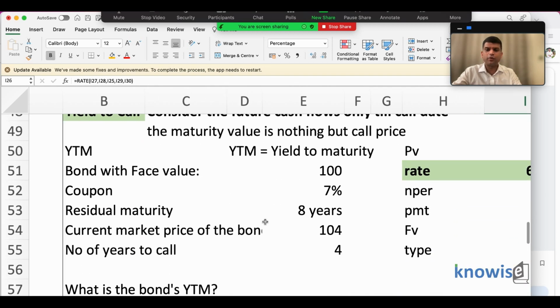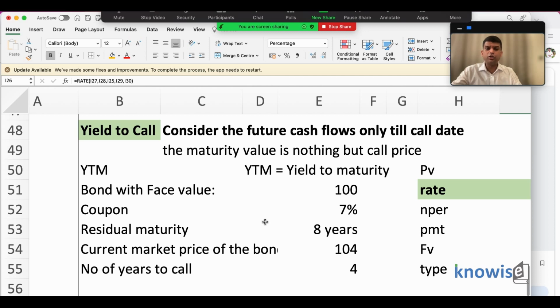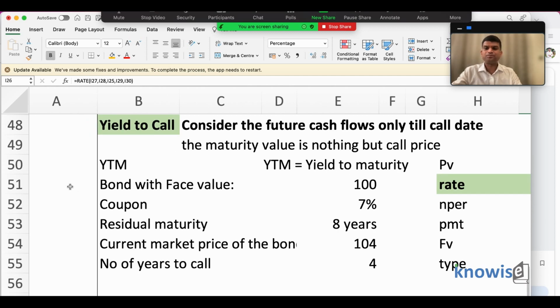The question could be on yield to call. The face value of the bond is 100, the coupon is 7%. Very similar example to the previous ones. Residual maturity, that is the leftover maturity of the bond, is 8 years. The current price of the bond is 104.